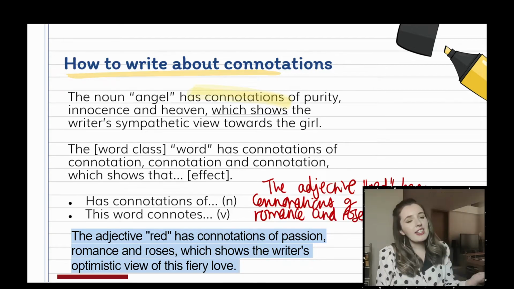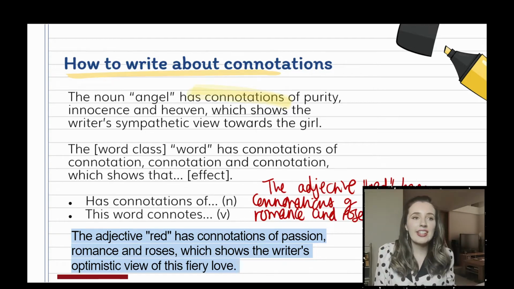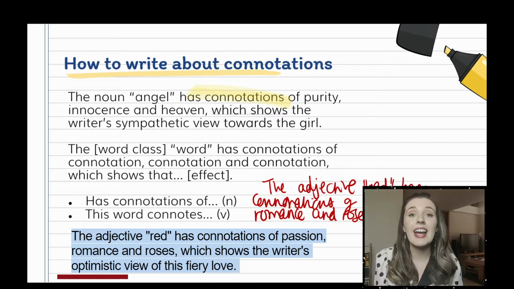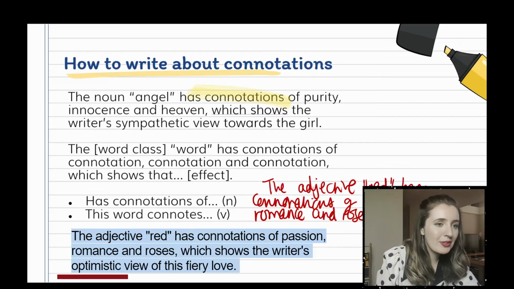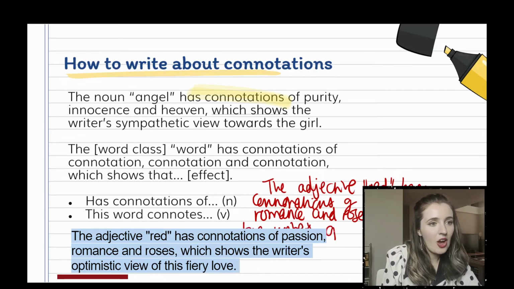And then I have to say the effect, but it's hard for me to do this right now because obviously the effect would come from the text and I've just kind of pulled the word out of the air. So let me just make something up. I might say, which shows the writer's optimistic view of this fiery love.